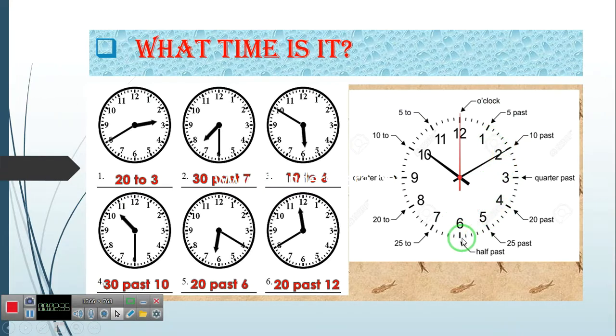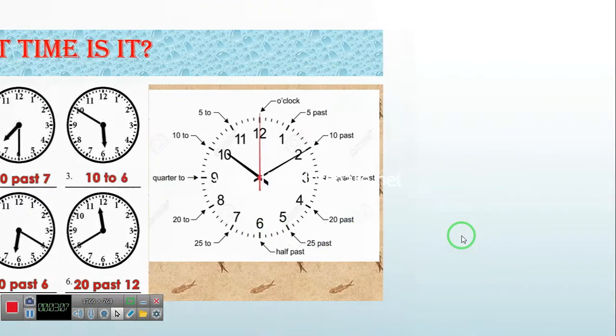You use past, like 25 past 5, 25 past 4: 25 is the minutes, past, and next to it is the hour. It is a little different for to. When you talk about to, you mean the next hour. For example, at 6:55 you need 5 minutes to make 7, so you say it is 5 to 7. Okay, and so on.